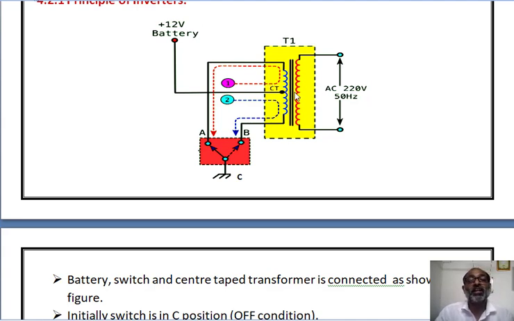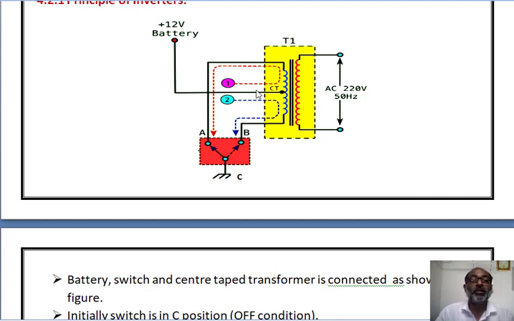Now this flux is linked with the secondary winding of the transformer. So due to this an EMF is induced in the secondary winding. Now due to this EMF, if we connect a load here, the current starts to flow through this secondary circuit.